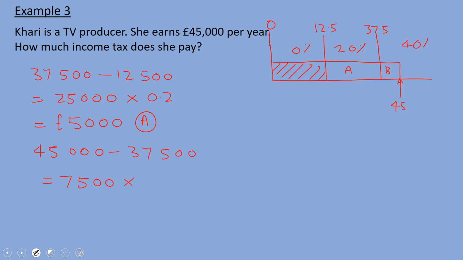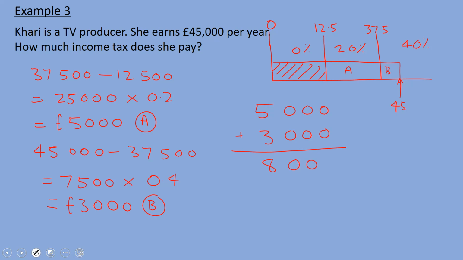So the decimal multiplier for 40% is 0.4. So that's going to give us £3,000 for part B. So our total amount of tax, well, we've got our £5,000 in tax and our £3,000 from our 40% band. Just add those up, and it's £8,000.